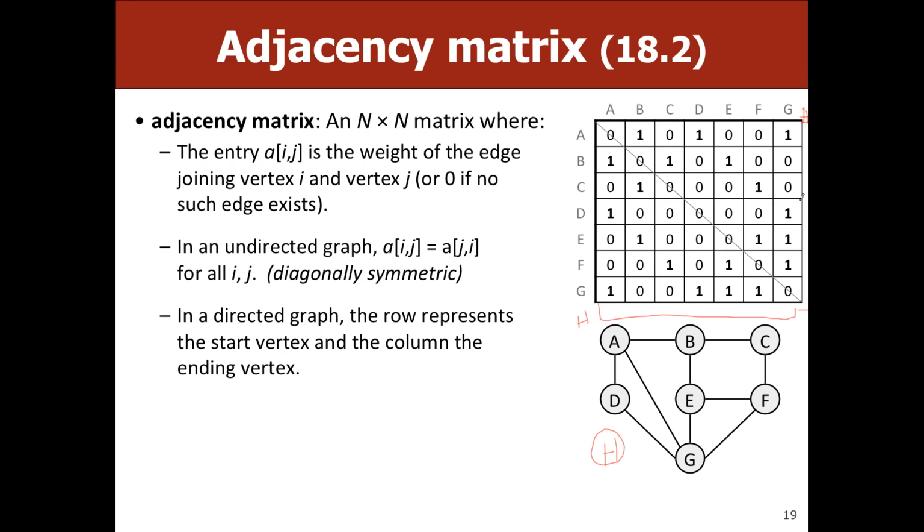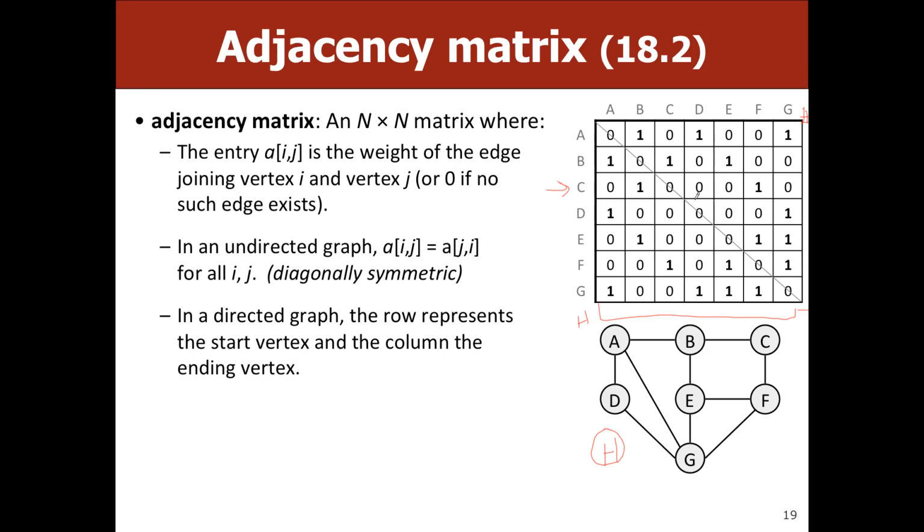What about finding neighbors? Is it good at that? Yeah, so it's kind of okay. In order to find all the neighbors for a vertex, we'd have to go to that row. If we're trying to find all the neighbors of C, we'd go here and we'd have to look at all of the different vertices to see if there's an edge between them.